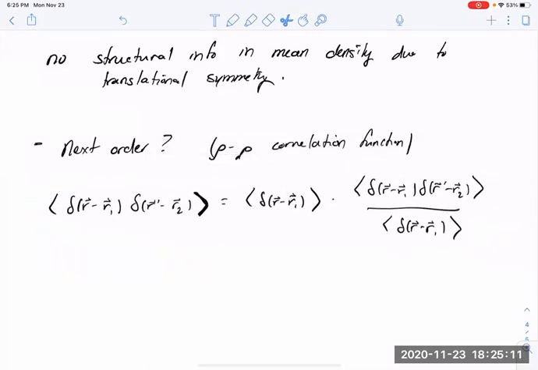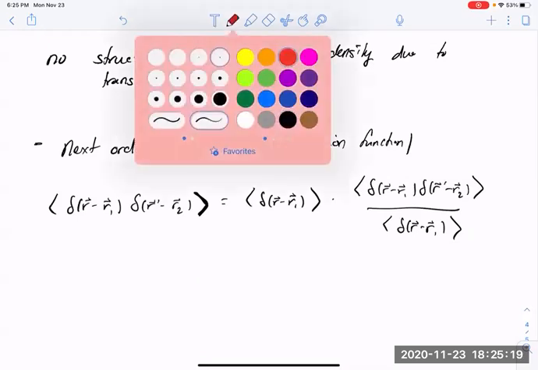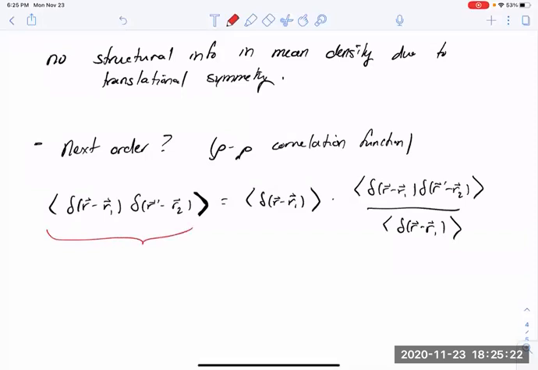But now we have an interpretation of what this means. So the left-hand side, measuring delta functions, again, have interpretations as probability. This is the probability to see particle 1 at R, and at the same time, finding particle 2 at R prime.